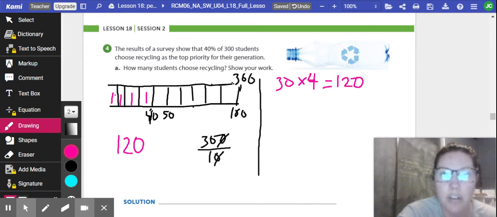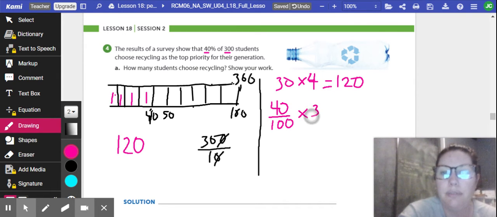So let's kind of backtrack and go over how we get to this point. So you can just do 30 times 4. So look right here, we did 30 times 4. So what we're going to do is take 40% and put that over 100, and we're going to times that by 300.